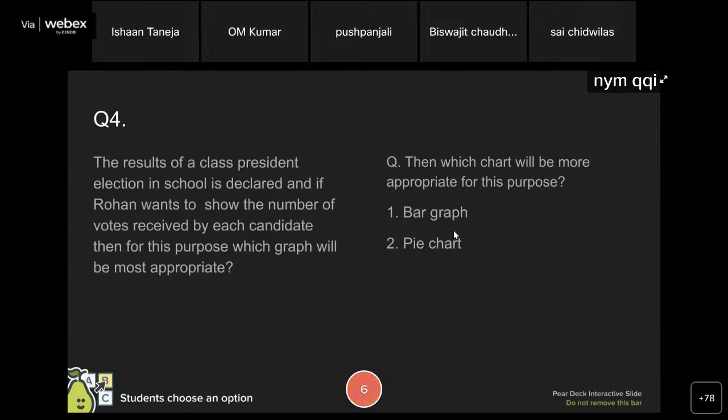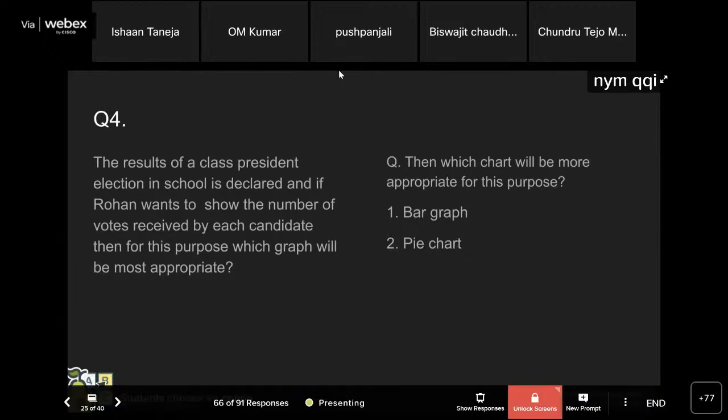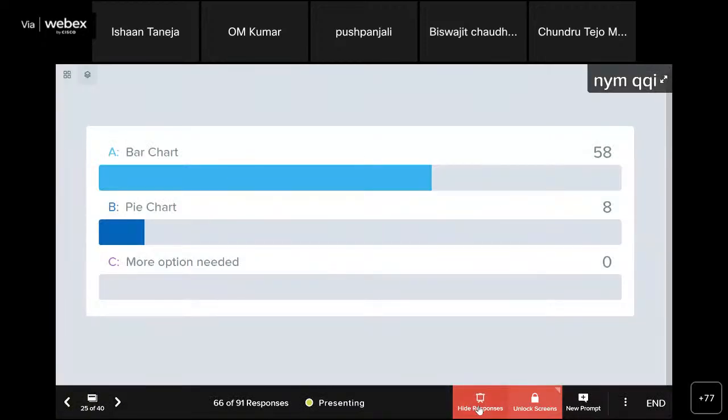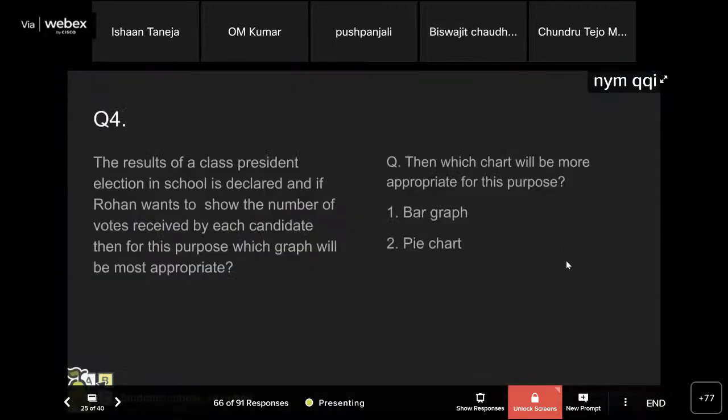Sir, in this condition, should we assume that each student can vote more than once?